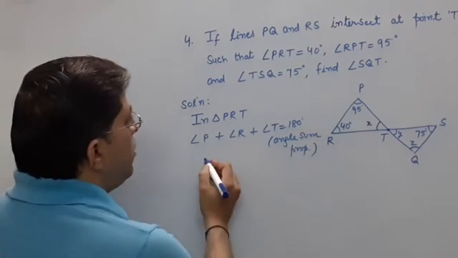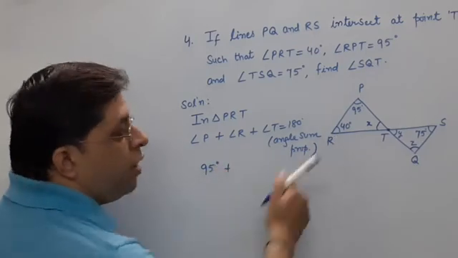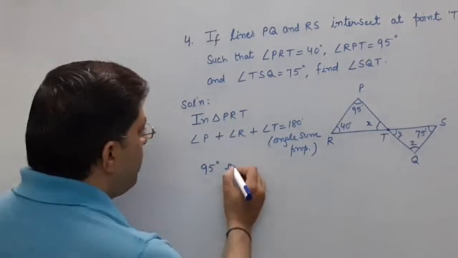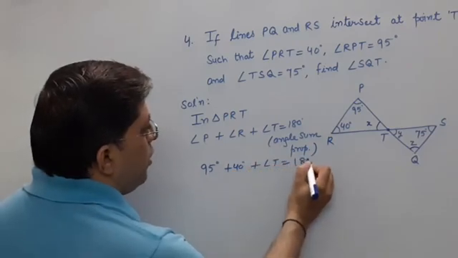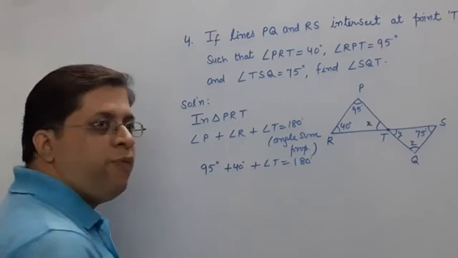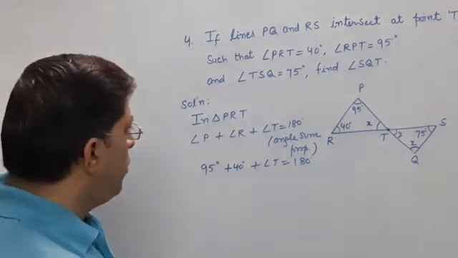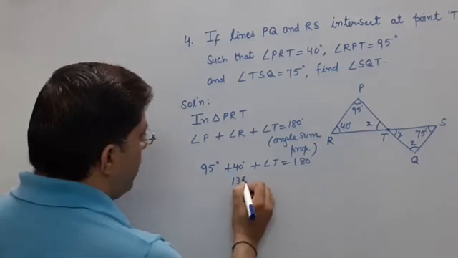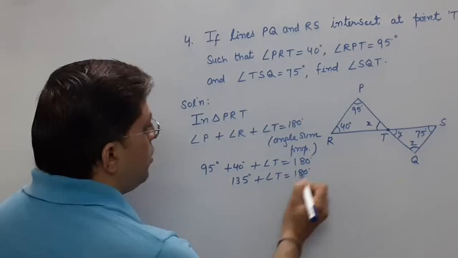Angle P is 95, angle R is 40 degrees, 95 plus 40 will be 135. Now 135 plus angle T is 180 degrees.